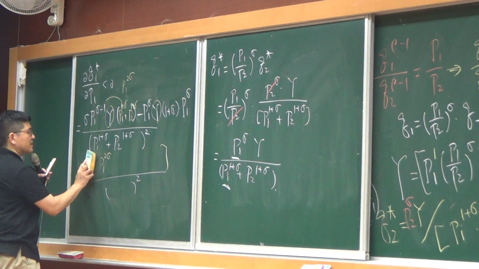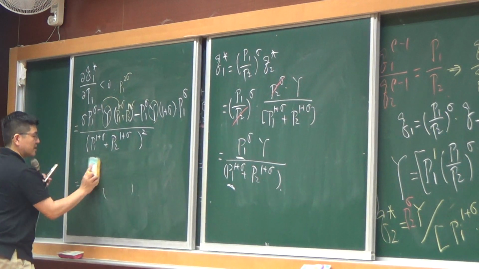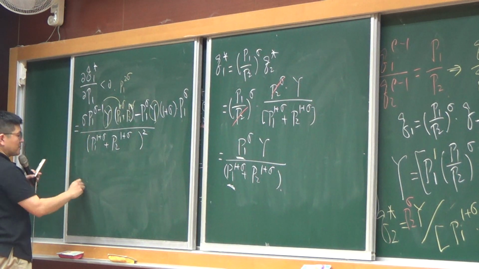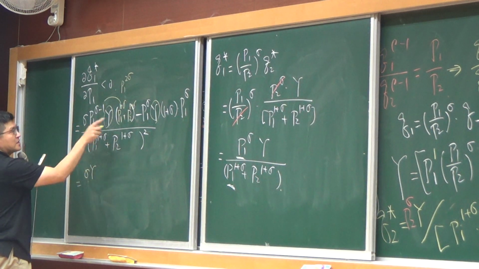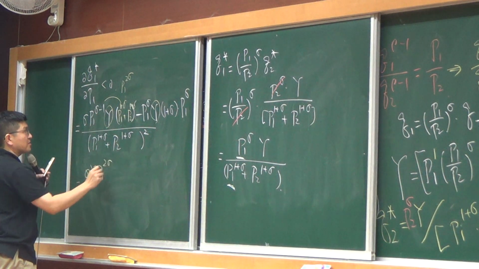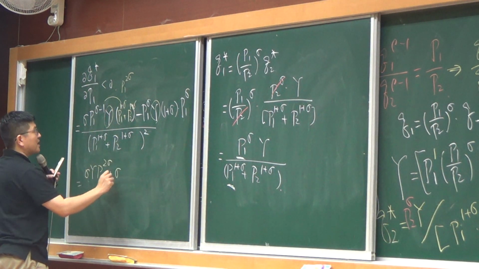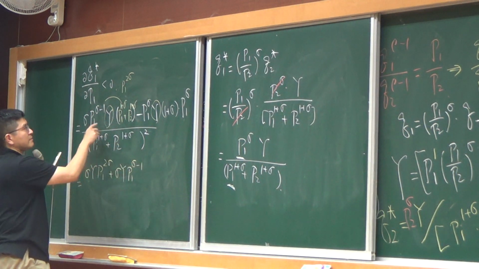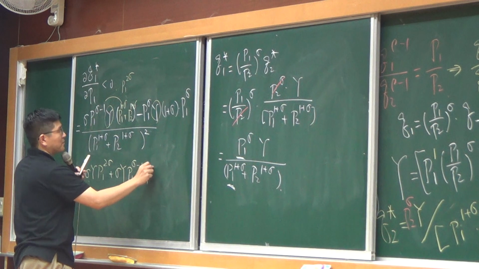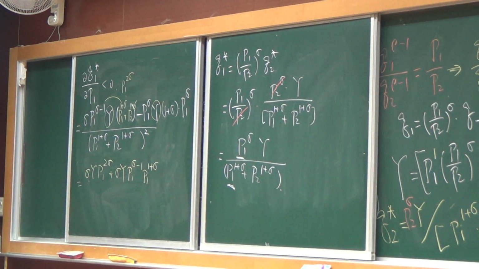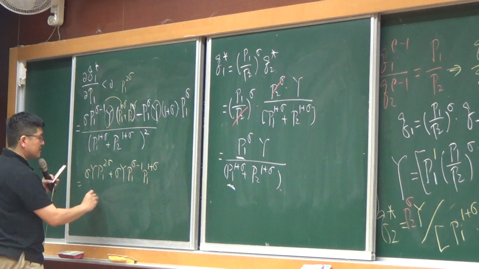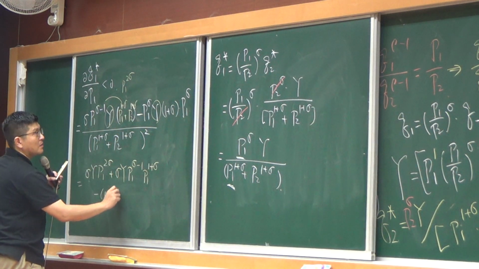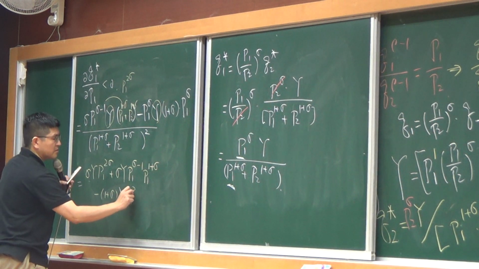Once again, sorry, let me do it again. We just multiply it out, okay? So sigma y P1 2 sigma plus sigma y P1 sigma minus 1 and P2 1 plus sigma, right, minus 1 plus sigma y P1 2 sigma.